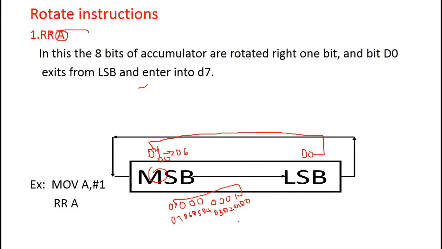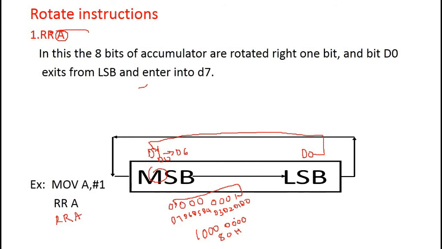So what happens here? It is now 1, 0, 0, 0, 0, 0, 0, 0, right. So after the rotate operation, it is 80H.